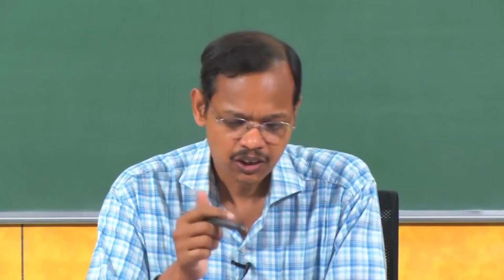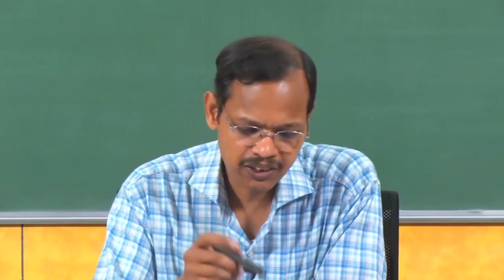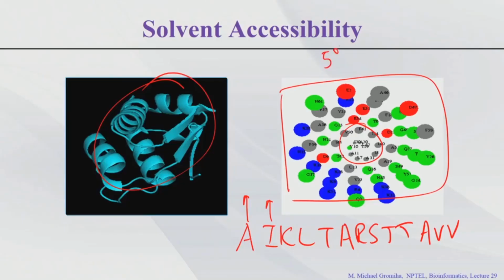For example, for buried you can take a cutoff of 5% accessibility, for exposed more than 50%, and in between partially exposed. For two state classification, for example, less than 20% is buried and more than 20% is exposed. Likewise, for any amino acid sequence, you can classify these residues based on solvent accessibility.